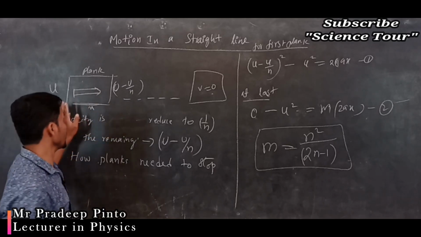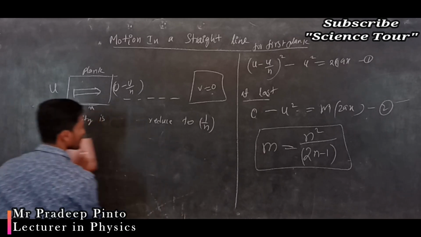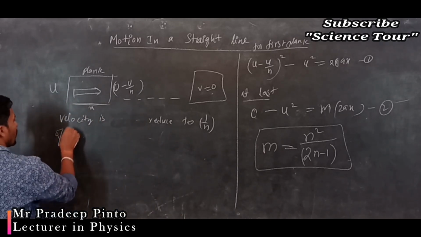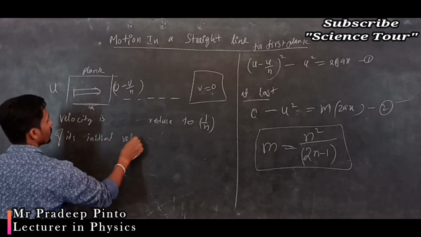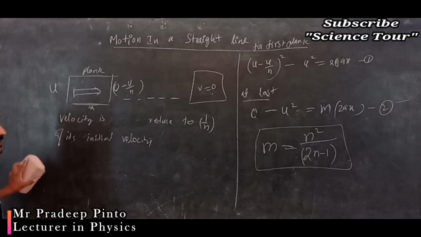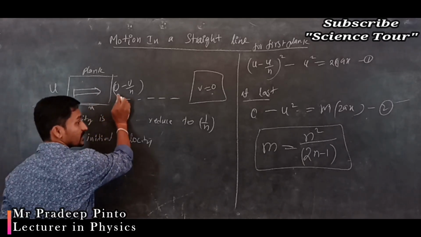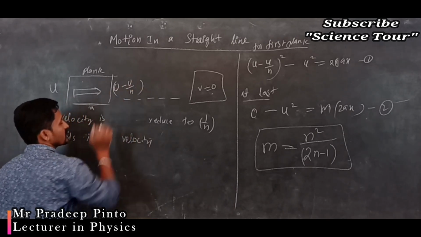So here it reduces to 1 by n of its initial velocity. Earlier, every plank it loses means it will lose 1 by nth of its initial velocity, so the remaining velocity was this much.